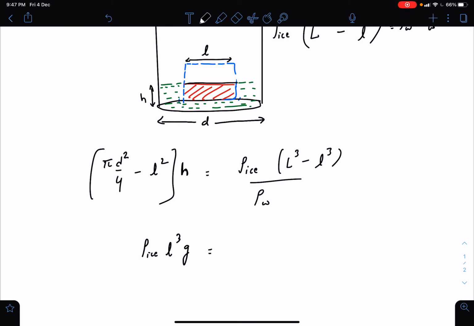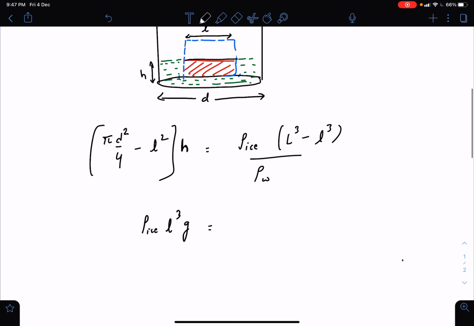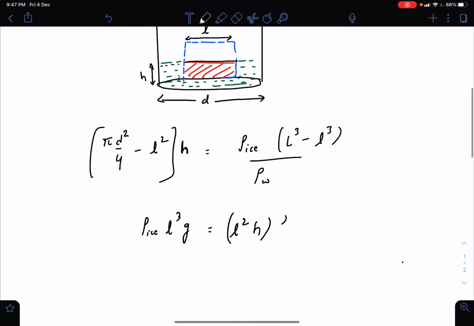The immersed volume is this red shaded volume, which has the area of l square and height of h. So immersed volume into density of water into g is the buoyant force, and these two are the same.